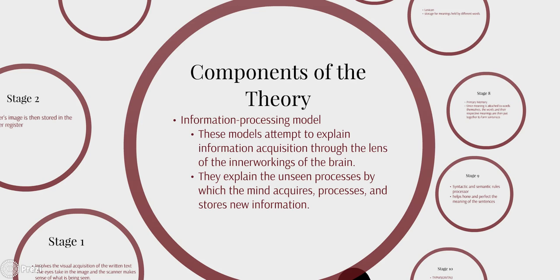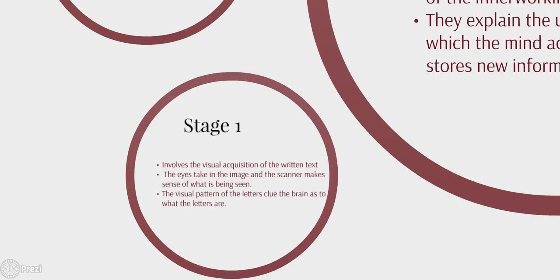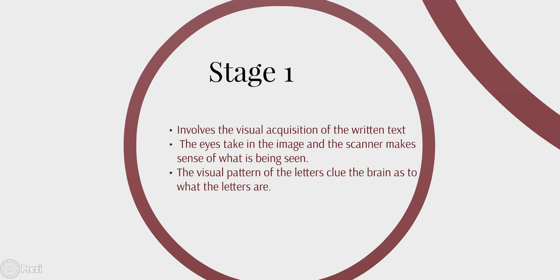This guides literacy practice in terms of pedagogy. As we understand what's happening in the brain, we can better foster these connections and possibly diagnose learning disabilities and things like that.